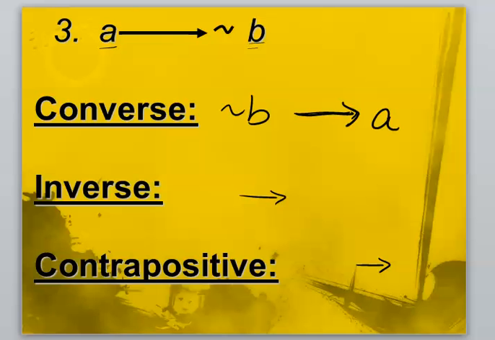The inverse keeps the order but negates. So I'm going to say not A, squiggle A, implies, and we're going to remove the not and say B. Not A implies B. Contrapositive does both, so I'm going to take the not B, put it up front, and negate. B implies, hypothesis goes to the back and is negated, not A.